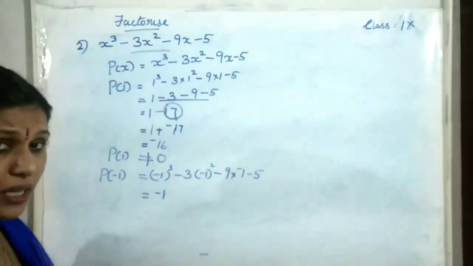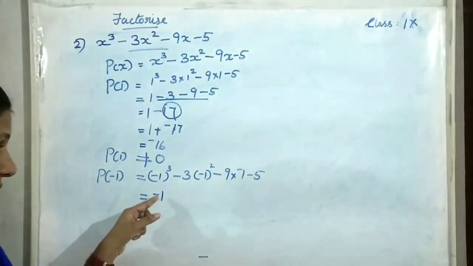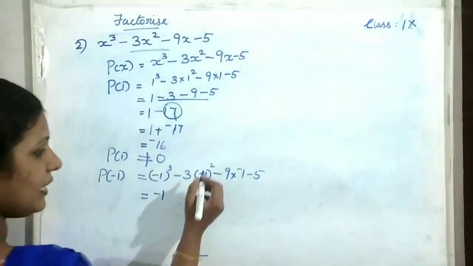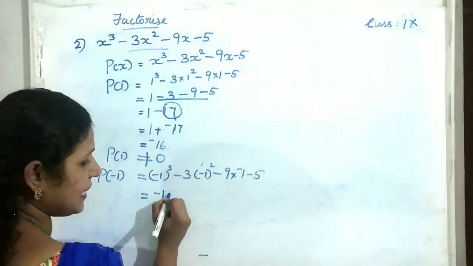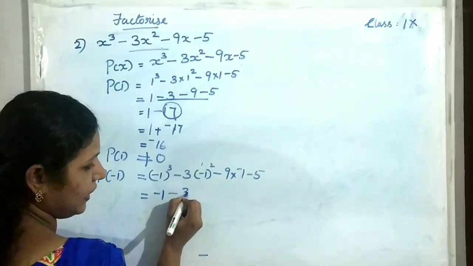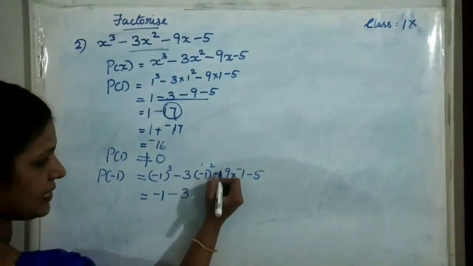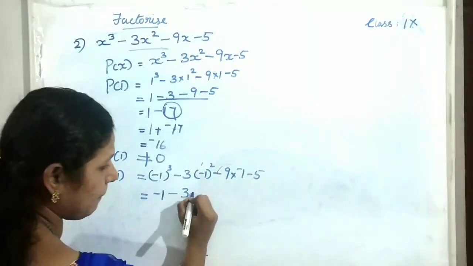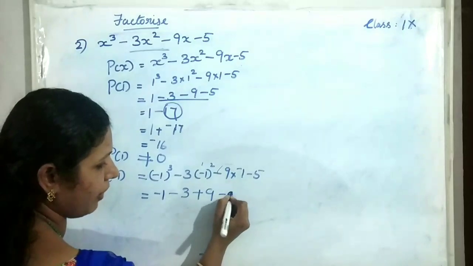Minus 1 into minus 1 into minus 1, the answer is minus 1. Here minus 1 square is plus 1. Minus into plus is minus, 3 into 1 is 3. Now minus into minus is plus, 9 into 1 is 9, minus 5.